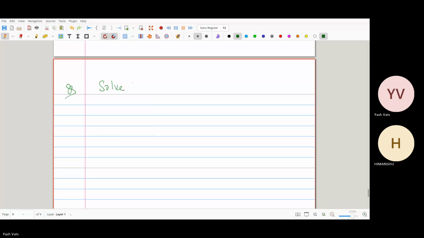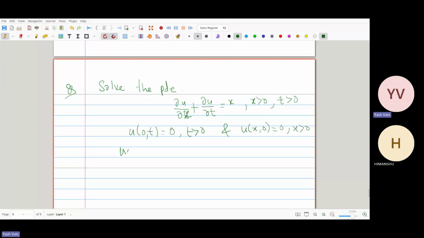Solve the PDE, del u over del x plus del u over del t is equal to x, for x greater than 0, t greater than 0, and u(0,t) is 0, t greater than 0, and u(x,0) equals 0, x greater than 0, using Laplace transforms. Okay, just try and find the solution and we will discuss that.